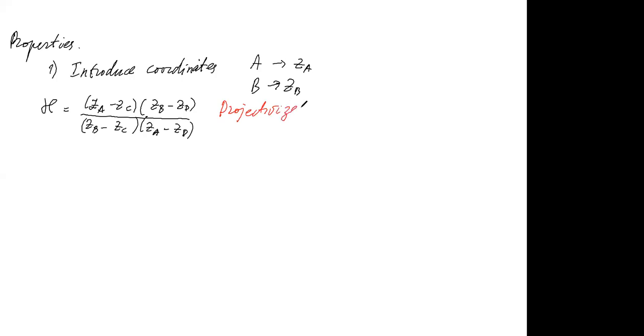We just now consider this affine line as part of the projective line. Then every point will be given two homogeneous coordinates, say ZA and WA, ZB and WB, and so on, so that now kappa will look in these projective coordinates like ZA times WC minus ZC WA, and so on.